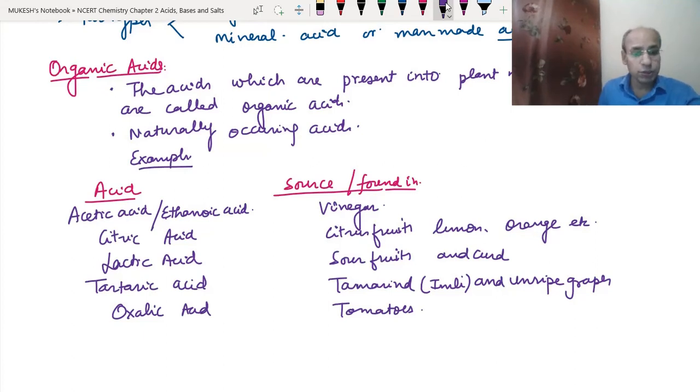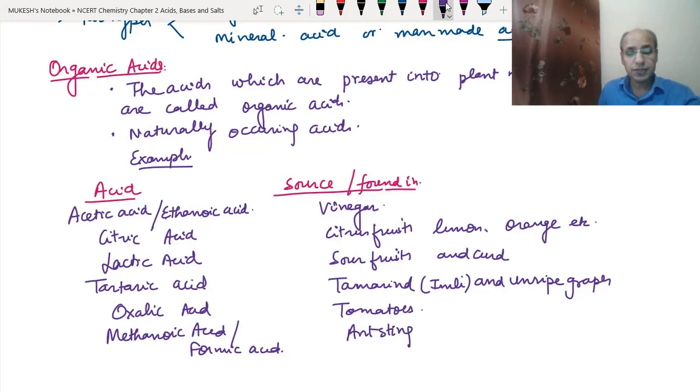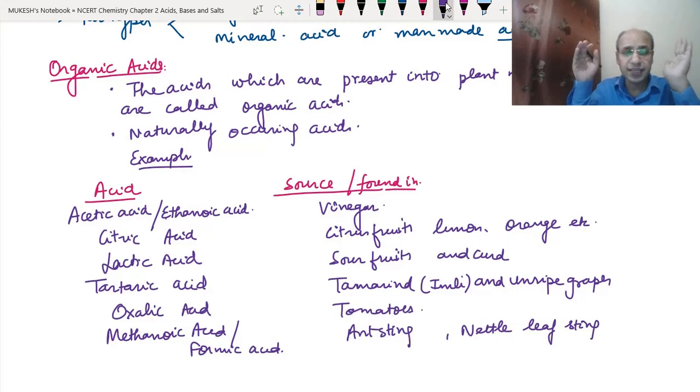There are some animals also in which we find acids, like methanoic acid. Methanoic acid is also known as formic acid. Formic acid is found in ant stings. If an ant stings you, it leaves methanoic acid, and it is also found in nettle leaf stings. So the nettle leaf is the plant and the ant is the animal in which it is found.